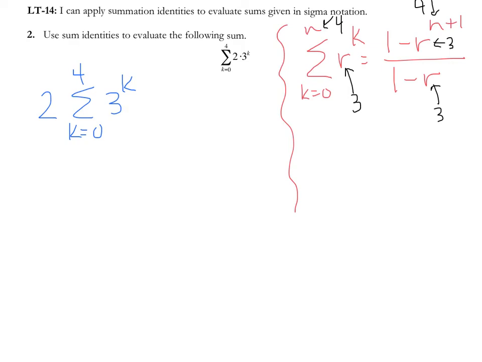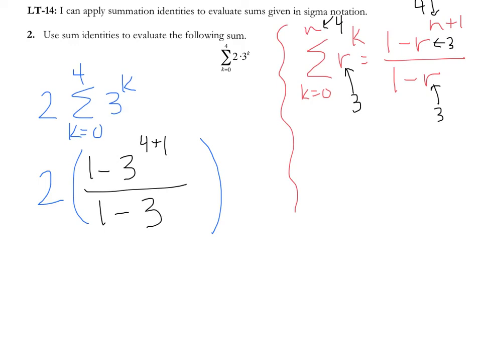Over here on our sum, we're going to leave the 2 on the outside, and on the inside, we're going to rewrite this sum using this formula. So we have 1 minus 3 raised to the 4 plus 1 power over 1 minus 3.